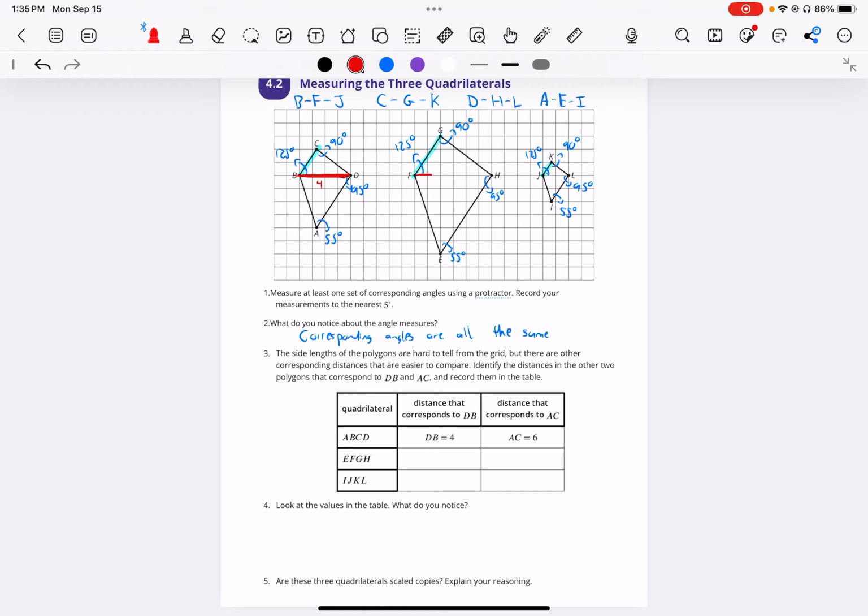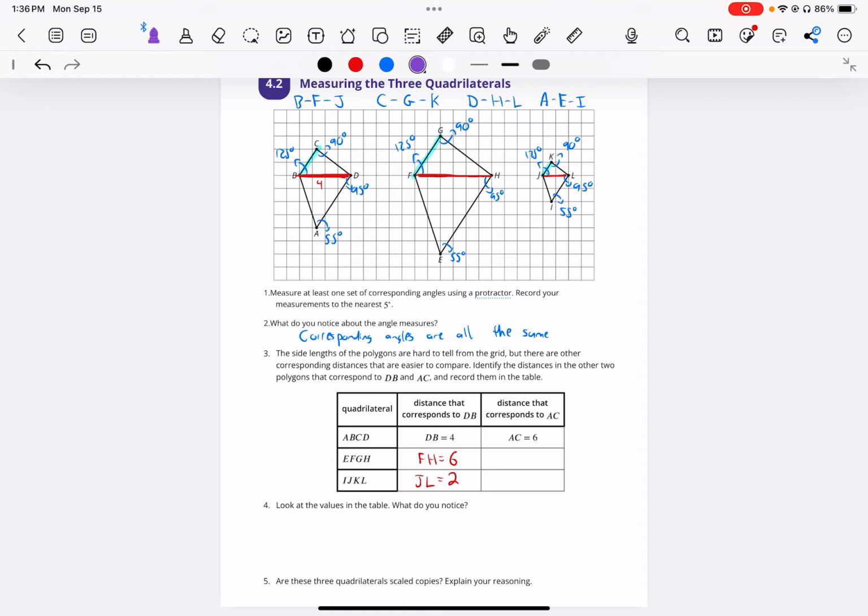In this first quadrilateral, that corresponds to FH, and that distance for FH is 6, and it also corresponds to JL in my last quadrilateral, and that dimension is 2.